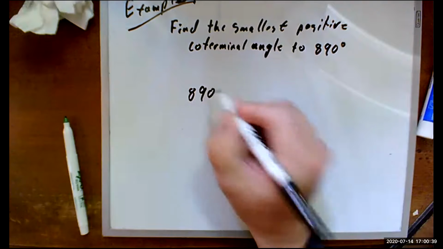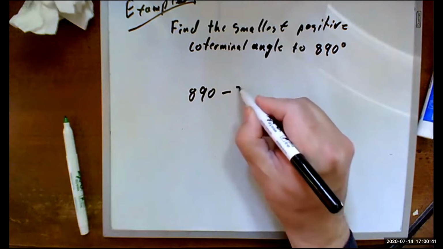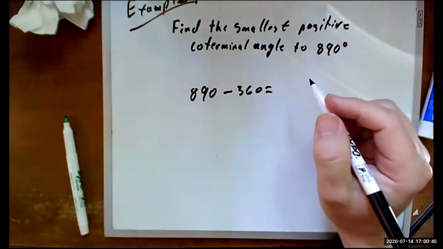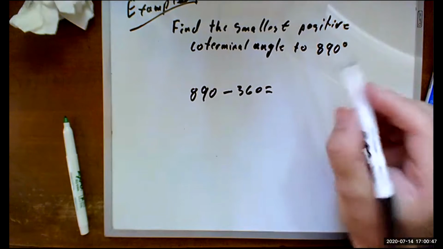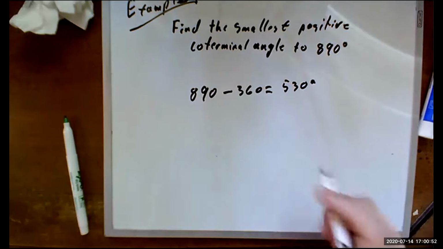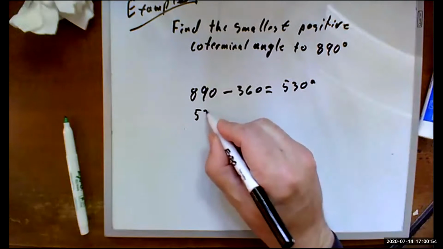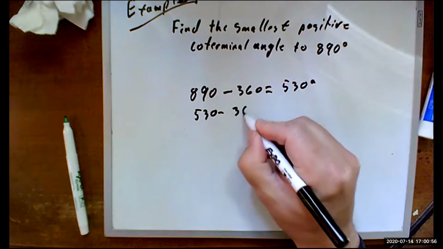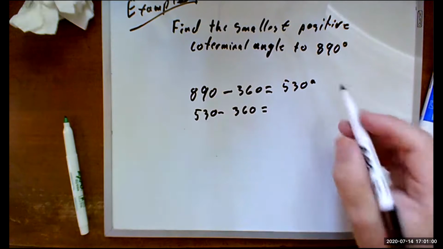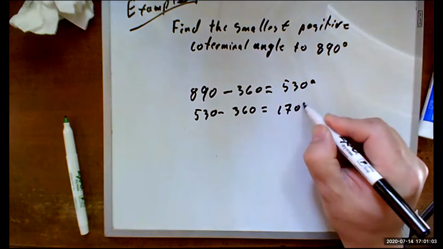So we take our 890. Well, we're just going to start by subtracting 360 degrees, which gives us 530 degrees. We take that same 530, we do it again. We're going to subtract 360 degrees. And when we do that, we get 170 degrees.